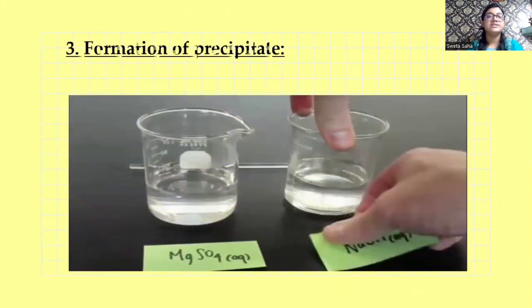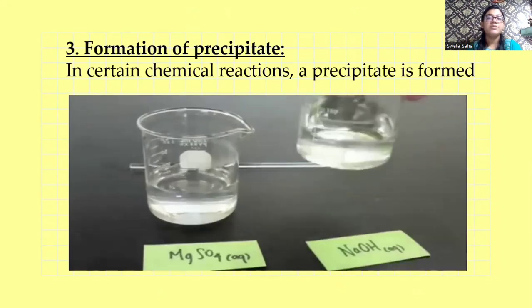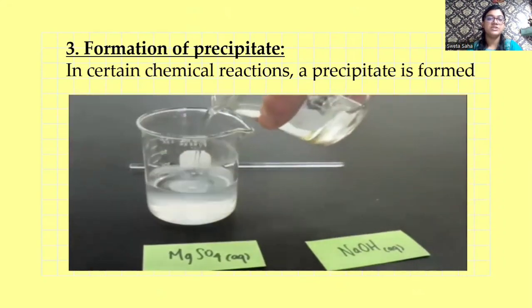The third characteristic is the formation of precipitate. In certain chemical reactions, a precipitate is formed. Here I will play a video. Here we can see there are two beakers. One beaker contains sodium hydroxide solution, and the other beaker contains magnesium sulfate solution. Now I'm going to add sodium hydroxide solution into the magnesium sulfate solution.